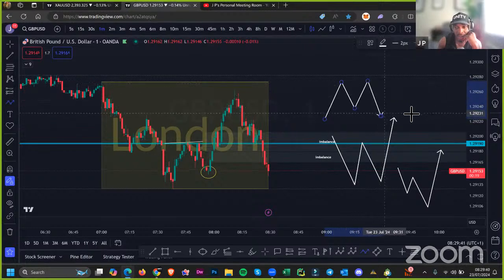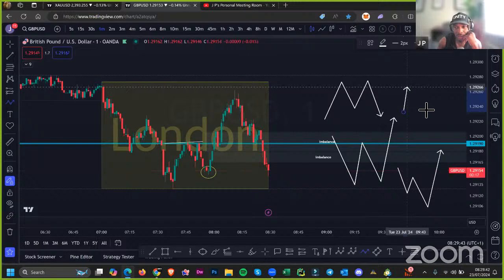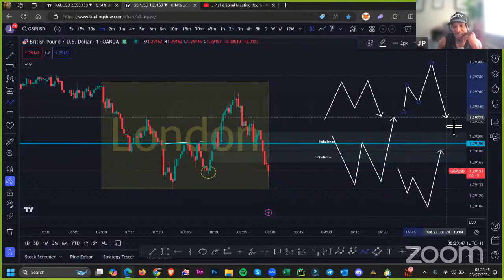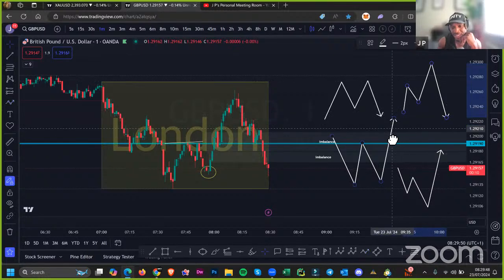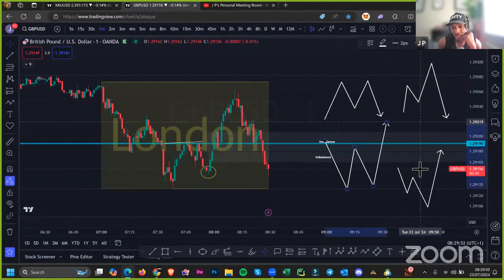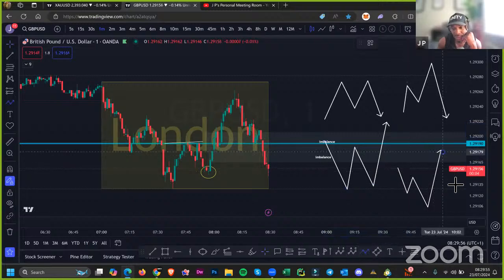And here is a manipulation M. Now, what's on the right hand side is ultimately what we like to see. Because from there, the market does this, taps into where we can see an imbalance somewhere in here, and then goes.